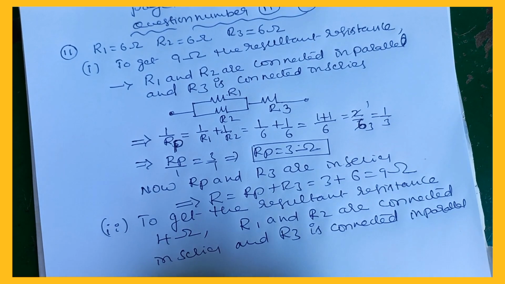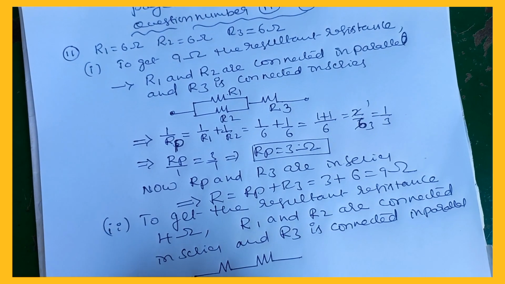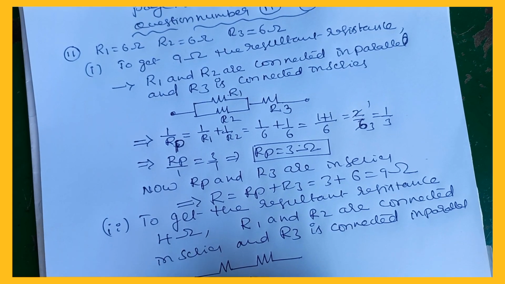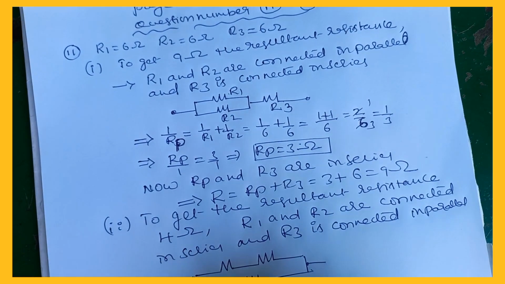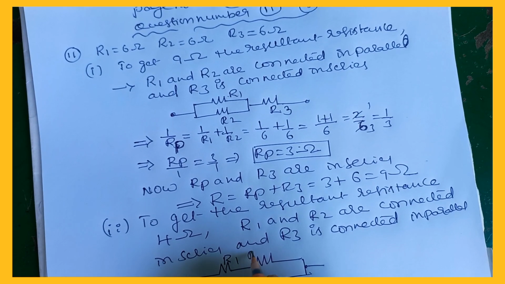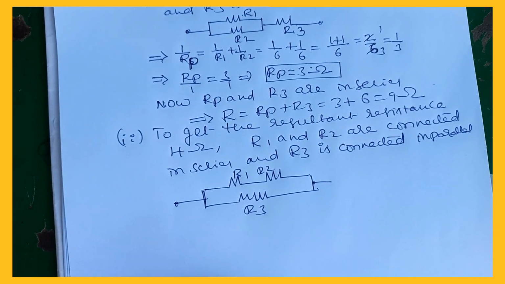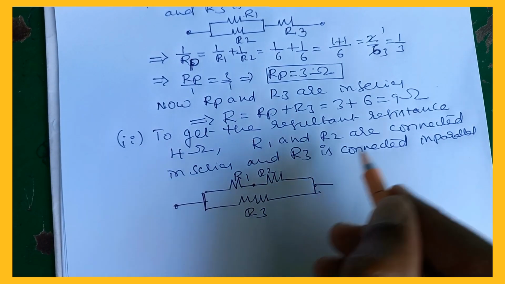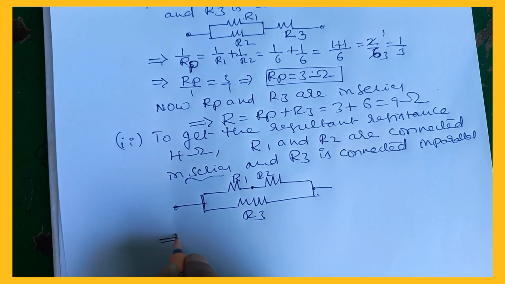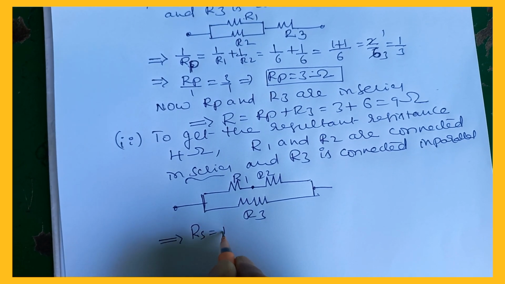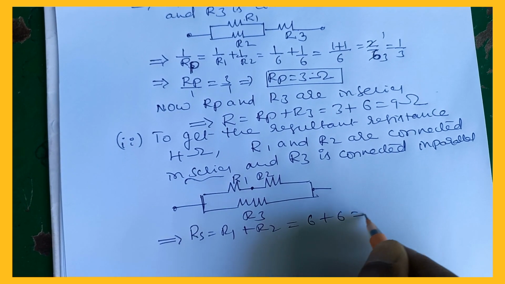So this is the structure: R1, R2, R3. R1 and R2 are connected in series, R3 is in parallel. In series combination, total resistance Rs is equal to R1 plus R2, which is 6 plus 6, that is 12.